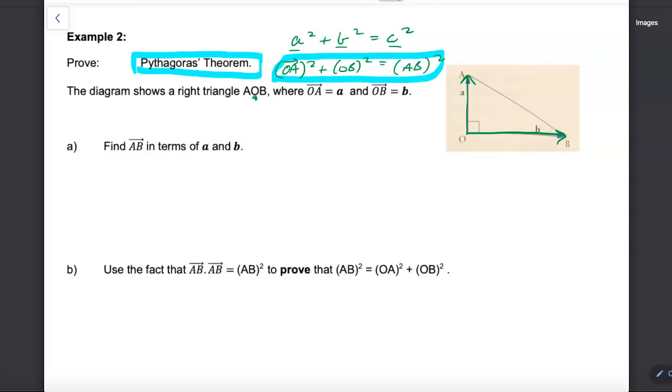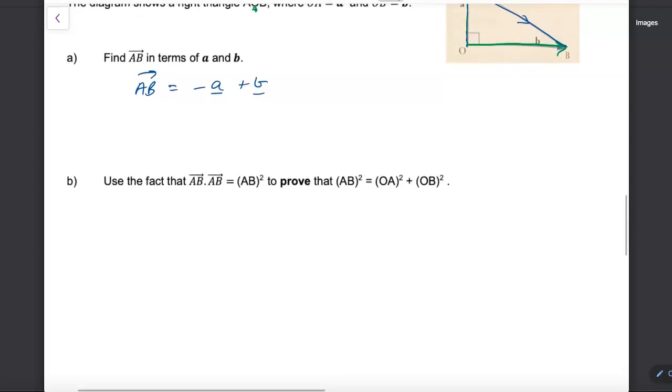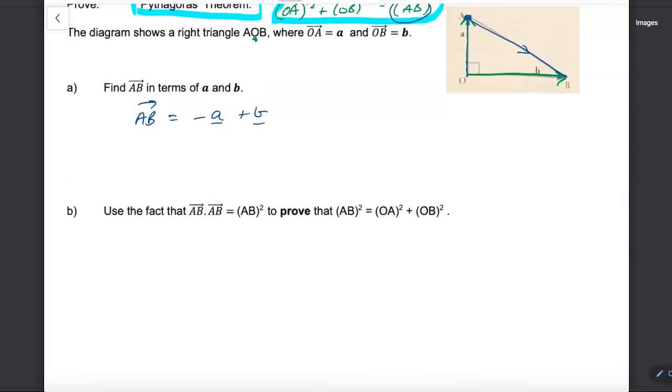So let's first define AB in terms of vectors A and B, because that's the result we want to prove here. To travel from A to B in this direction, we're going to have to go negative A plus B. Okay, so what we're going to do now is use that, as well as the fact that a vector dot product with itself is equal to its magnitude squared.